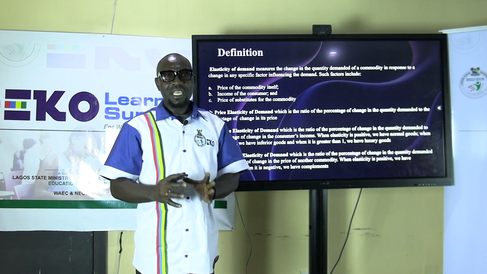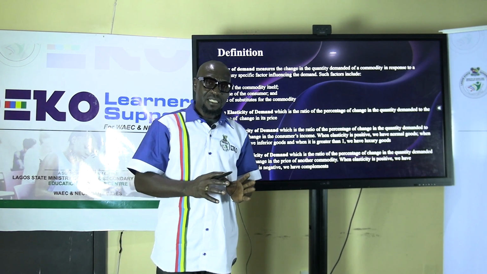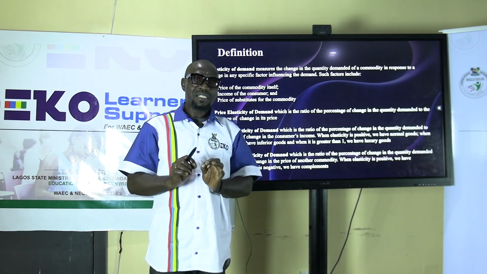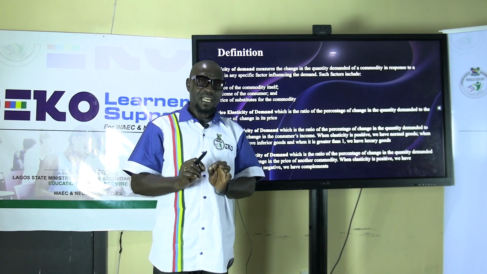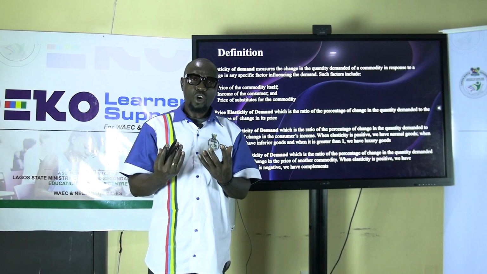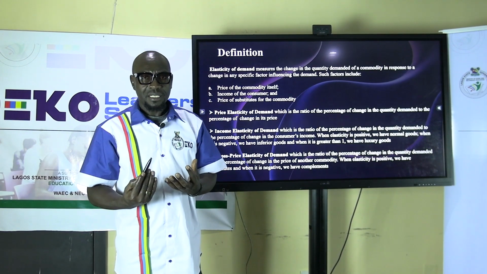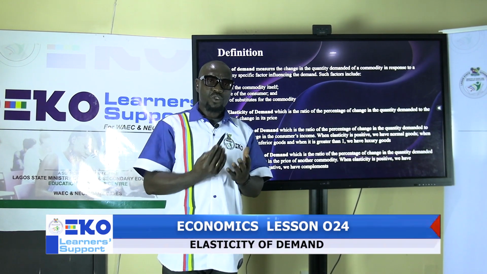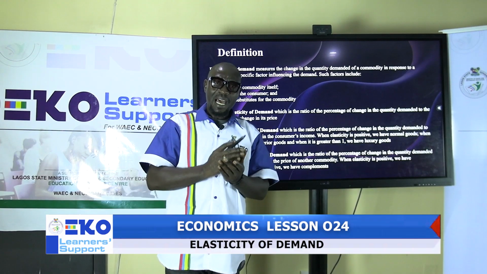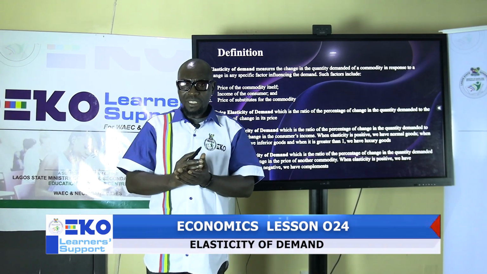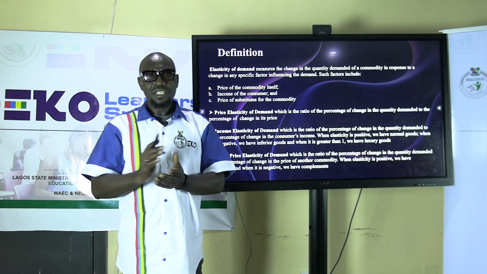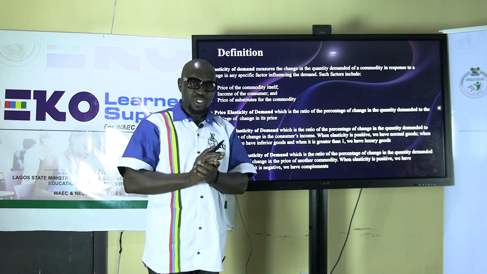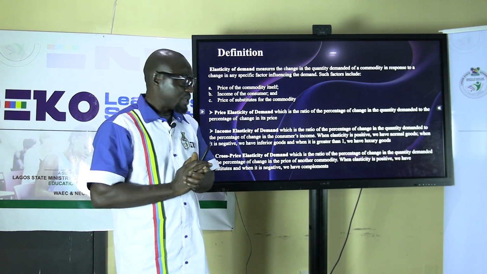So unlike for income and price elasticities, where you are dealing with one single commodity, in the case of cross-price elasticity, you are dealing with two commodities, where a change in the price of one commodity will have an impact on the quantity demanded of another commodity. These commodities can either be substitutes to each other or complements.